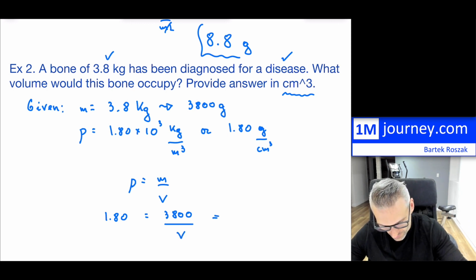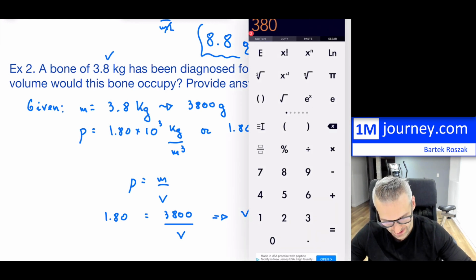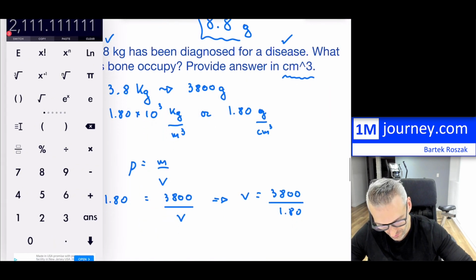So now moving the volume to the other side, this is going to be 3,800 divided by the density, and there you have it. So now if I do that, 3,800 divided by 1.8, and we have, so this is quite a big volume, and this would be to 2 significant figures.